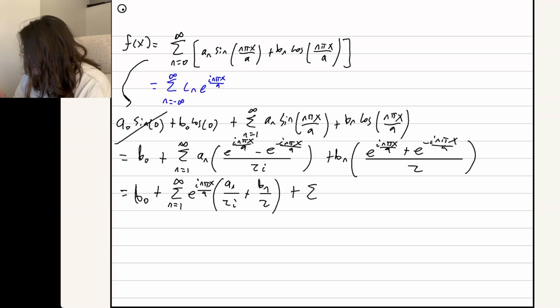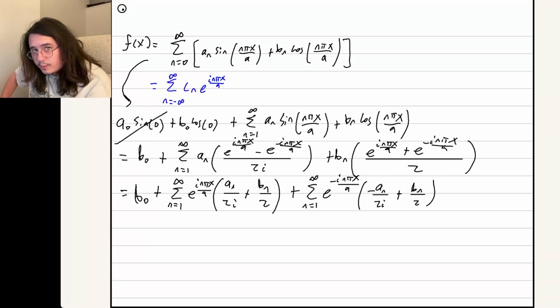And then you'll have another sum, also n equals 1 to infinity, just of e to the minus i n pi x over a times, this is going to be minus a(n) over 2i plus b(n) over 2. And I think that captures everything.